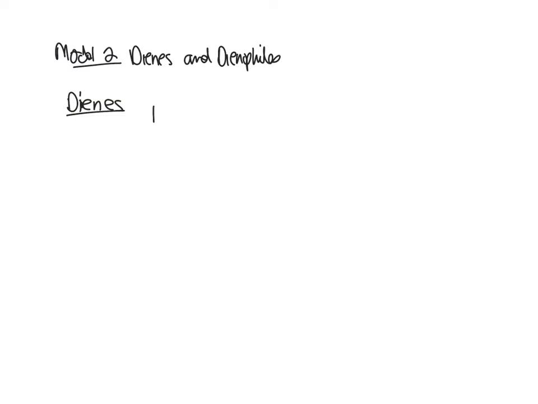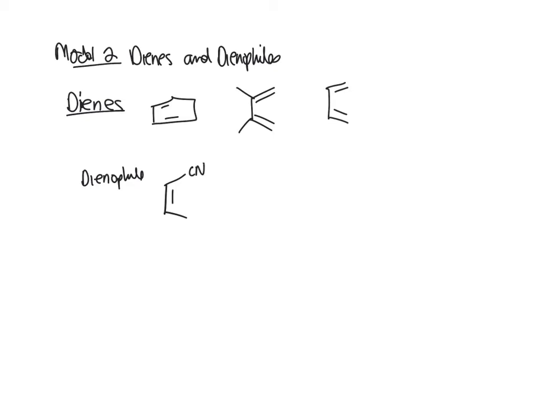And one of these is the dienes and the dienophiles. And that's what this is going to teach you, because you want to rank how fast a reaction will happen. So your dienes have double bonds, and your dienophiles are alkenes or alkynes.